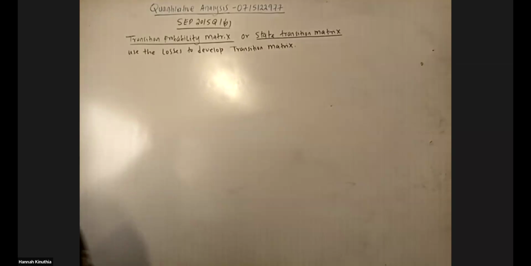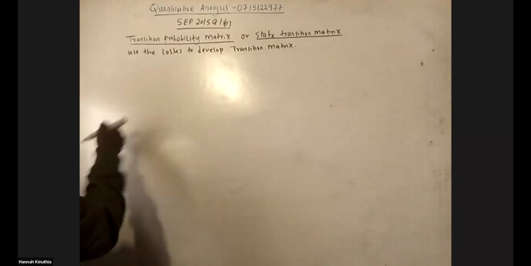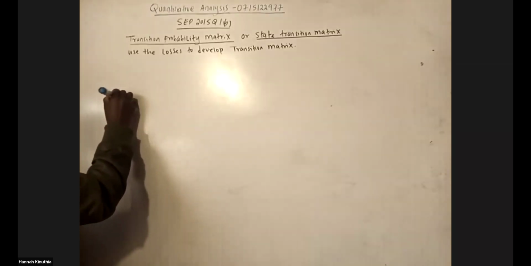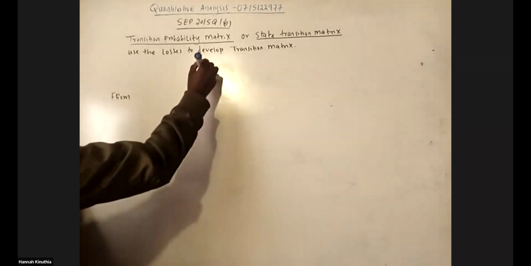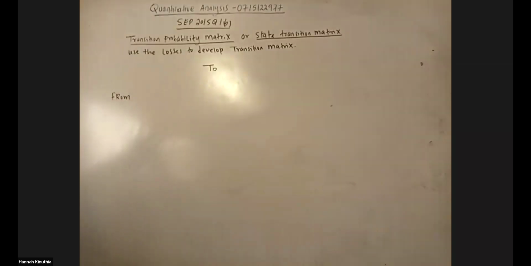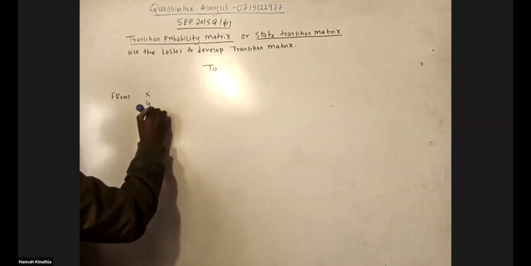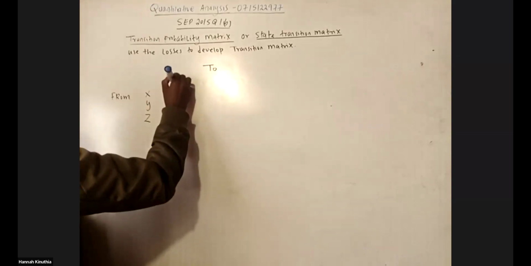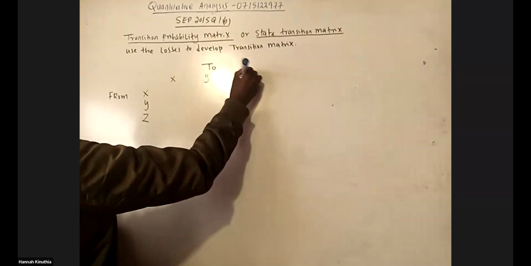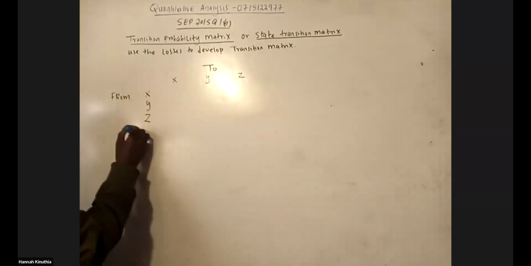Now, this is how you do it. Tutaanza na from. So we shall start from, so you have from, and you have to. Our figures were X, Y, and Z. So we have X, Y, and Z, you also have X, Y, and Z. Then we shall have totals.